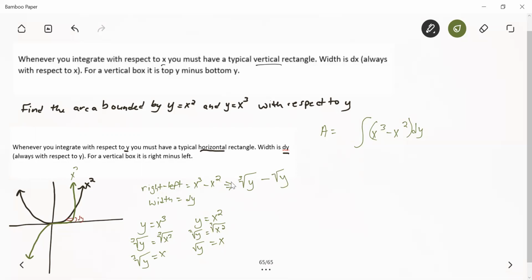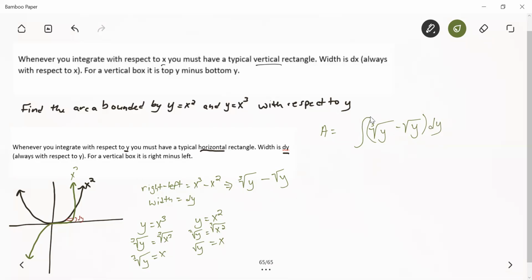So instead of x cubed minus x squared, it's really the cube root of y minus the square root of y. So here we would put those in. Let me rewrite this: this is going to be the integral of the cube root of y minus the square root of y dy.